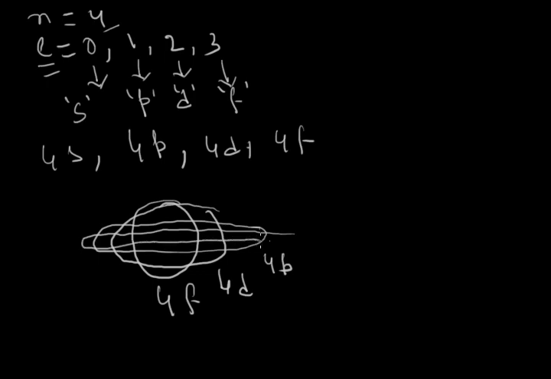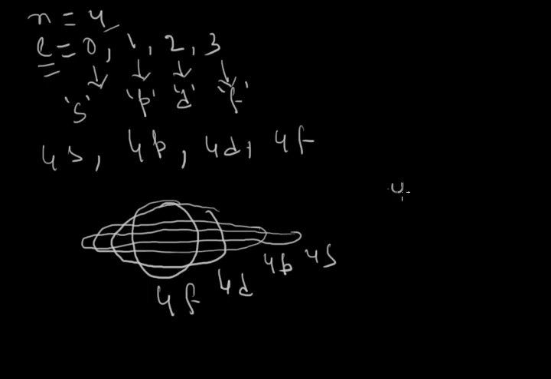And 4s, its ellipticity is highest, because the length of major axis by length of minor axis is equal to n by L plus 1.